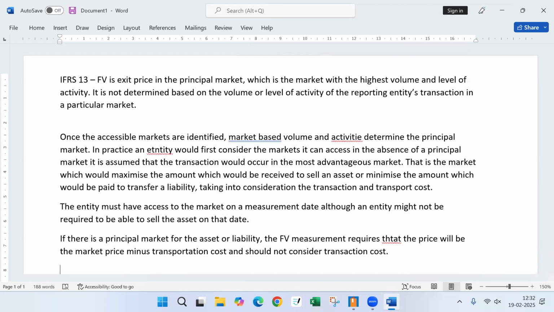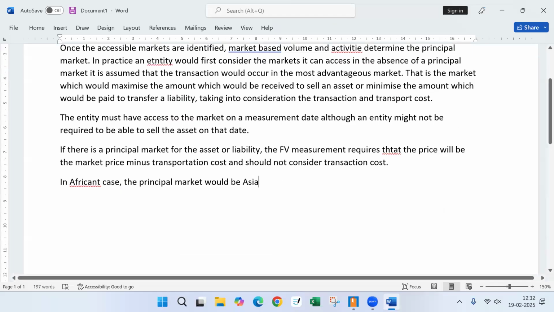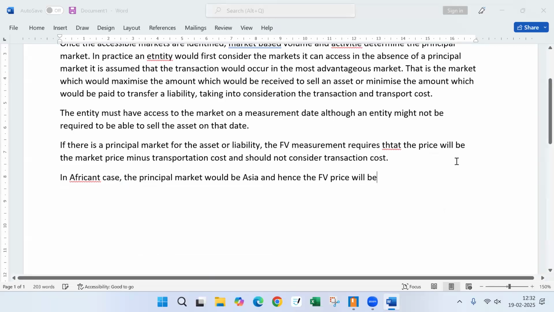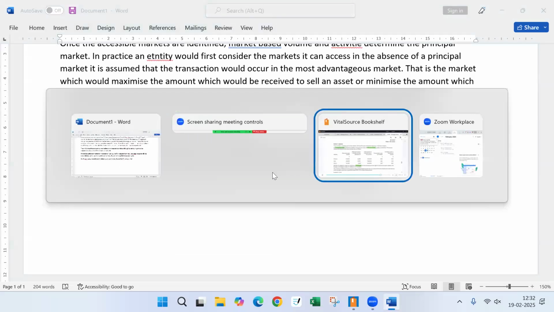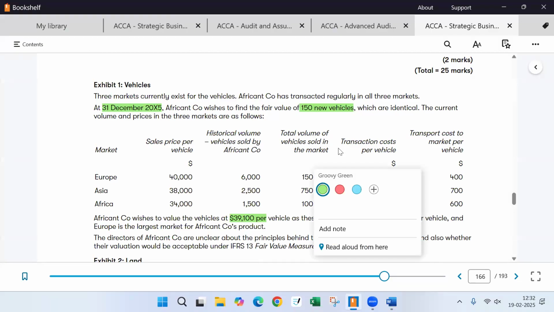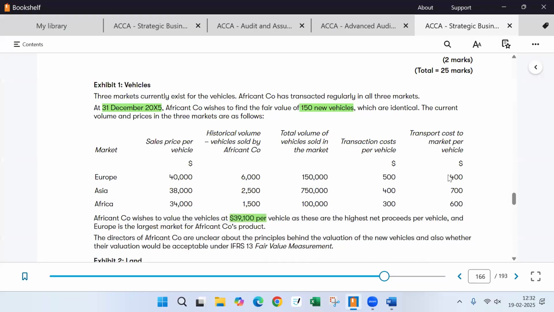Okay. So now we are giving the conclusion. In this case, the principal market would be Asia. And then I'm just writing in pointers, and hence the fair value price will be, what will be the price? 38,000 minus 700, which is $37,300.